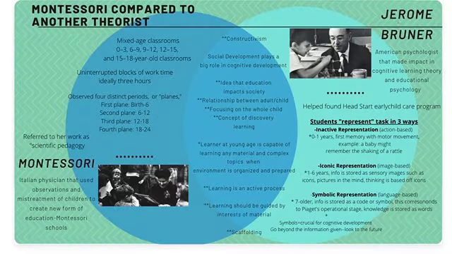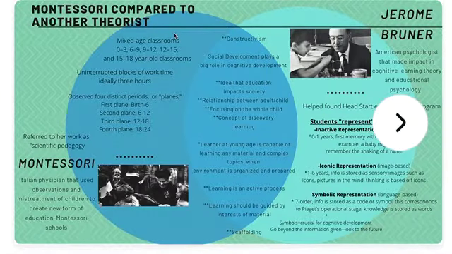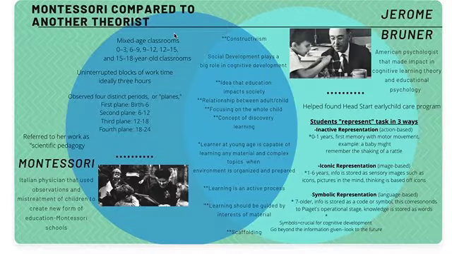So that's where we go into how these two are similar. They both were part of the constructivism ideal. They both thought that social development plays a big role in cognitive development. Maria Montessori believed that it was society's responsibility to help our children grow and become independent and responsible adults.